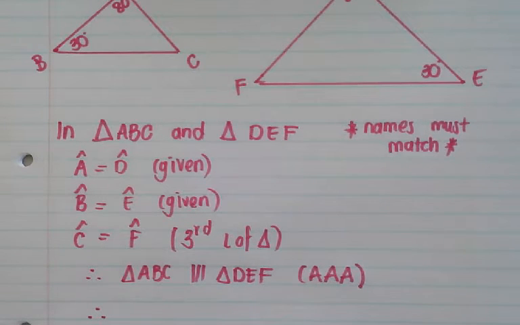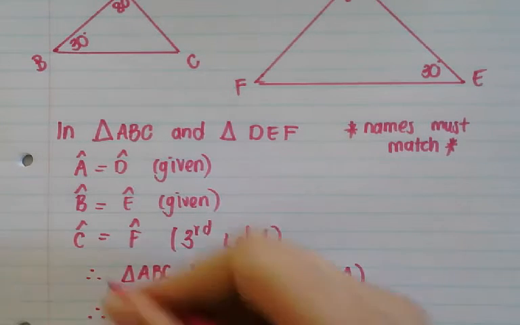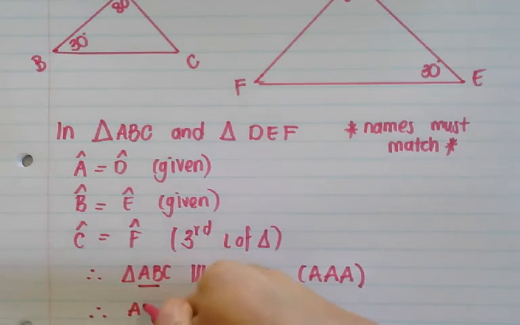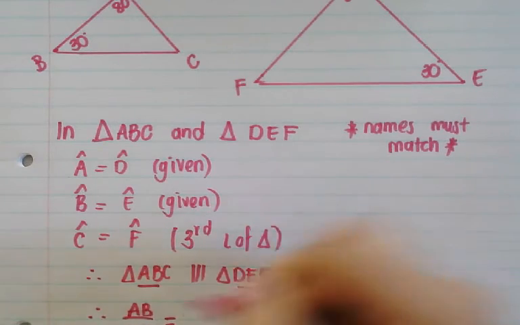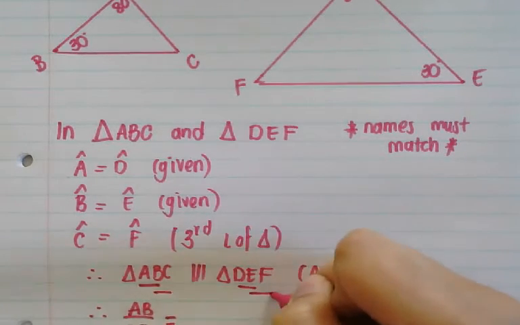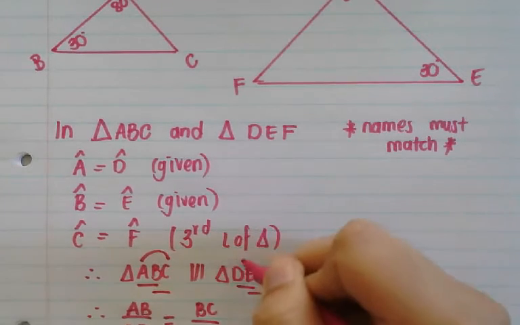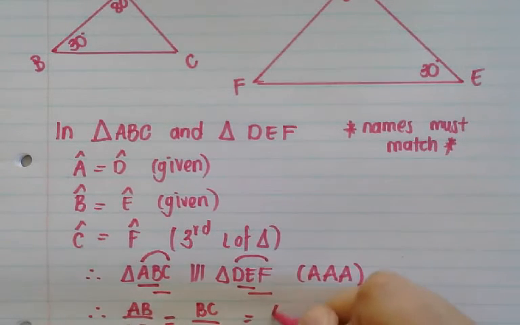And this is why the names are important. Because it's AB and DE. First two letters from each triangle are in proportion. The second two from each triangle are in proportion. And the first and last from each triangle are in proportion.